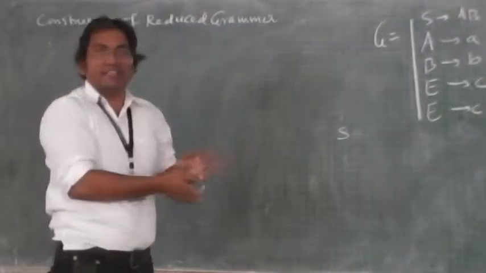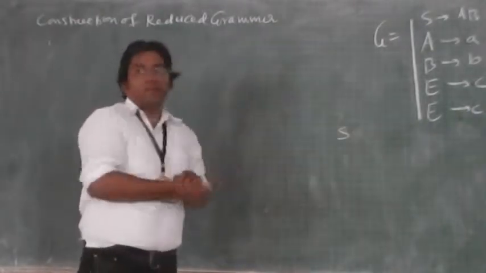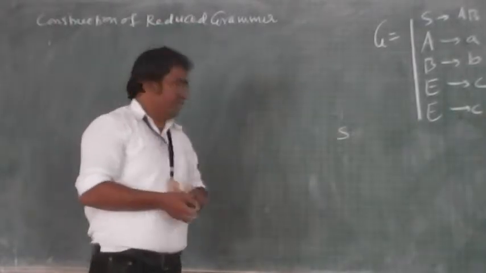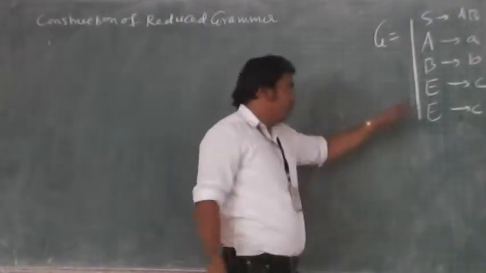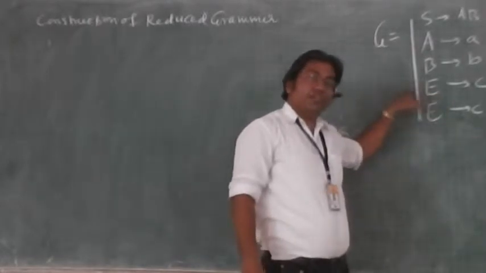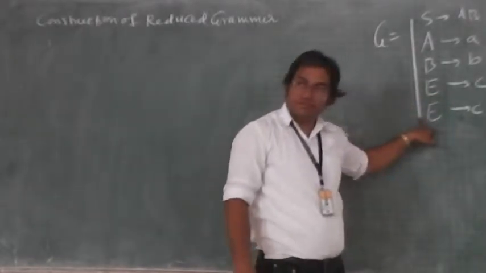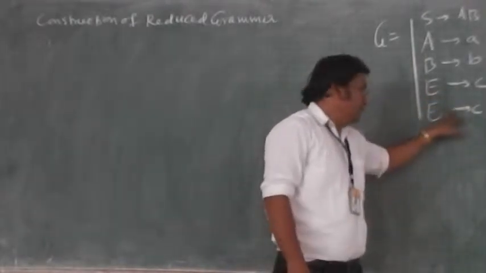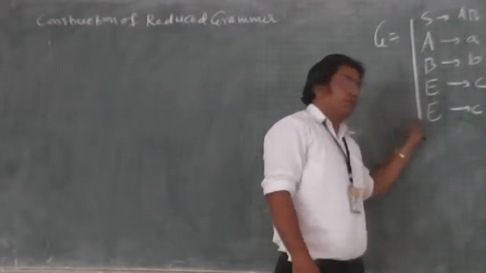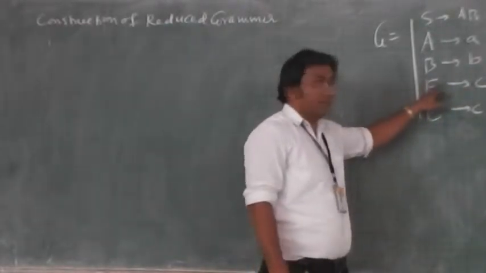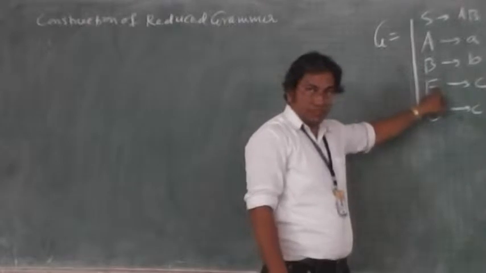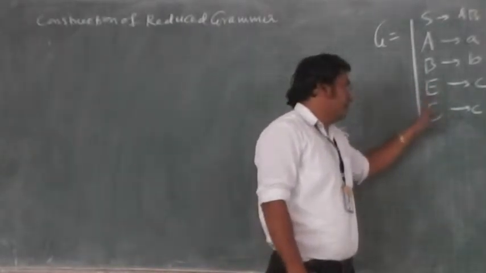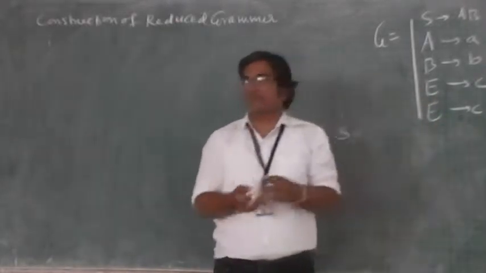I can clearly see that there are some productions which are useless, in the sense that they are not at all going to be used in the derivation, isn't it? Here I can see that E implies capital C and E implies small c are the two productions which are not being utilized during the derivation. How did we come to the conclusion that these two productions are useless?